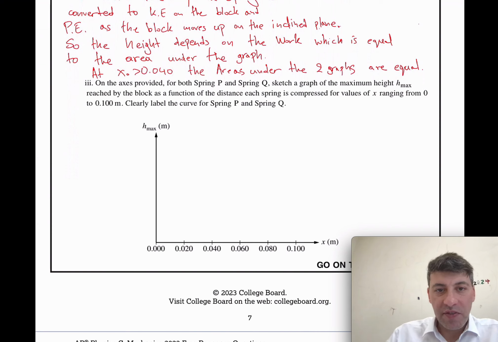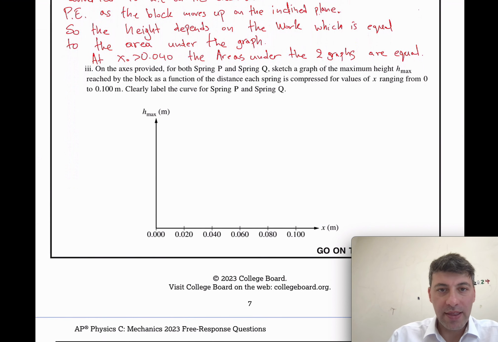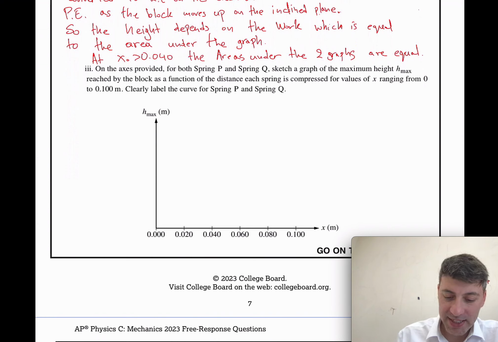On the axis provided for spring P and spring Q, we need to draw the graph for the maximum height that is reached with respect to the compressed distance of the spring. Now, we will work on the first spring.